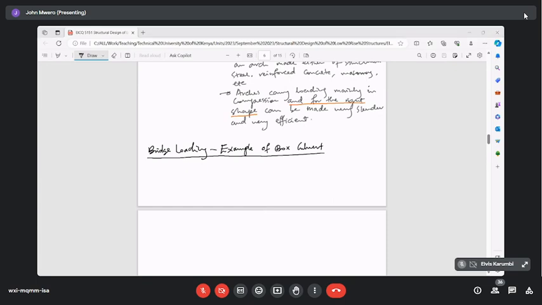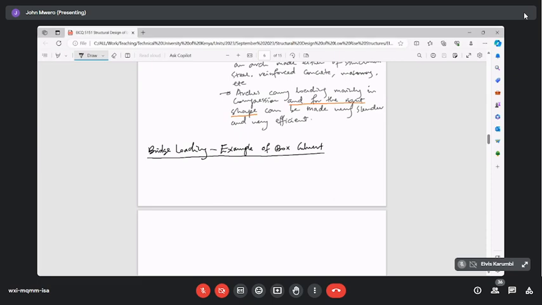So this section is meant to start you off on getting a feel of what would typically go onto the loading, not analysis and design, just loading of a bridge structure.